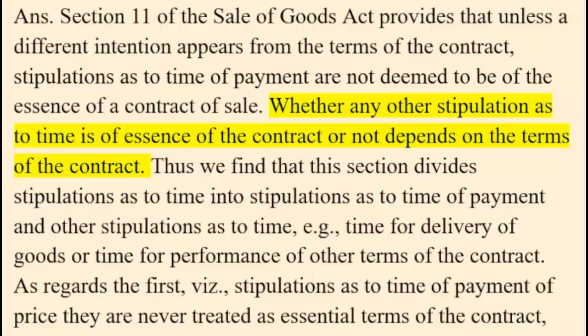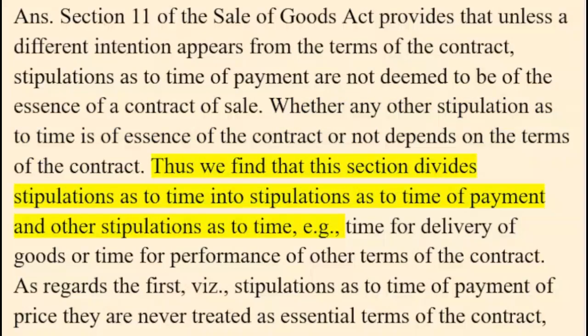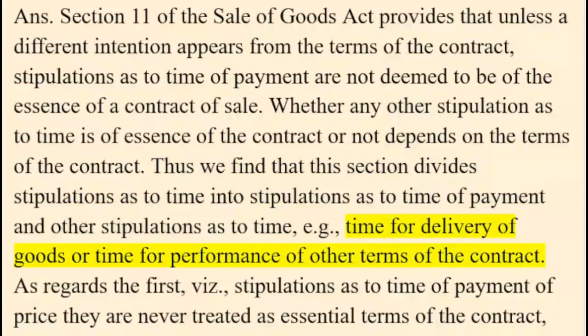Thus we find that this section divides stipulations as to time into stipulations as to time of payment and other stipulations as to time, e.g. time for delivery of goods or time for performance of other terms of the contract.